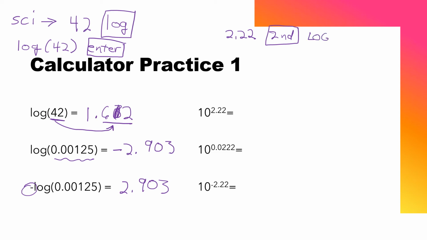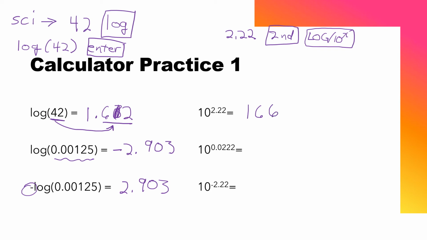So log / 10 to the x, right? Log is what the button says, 10 to the x is what shows in green right above it. And that's giving me 166. We'll just leave it at that.